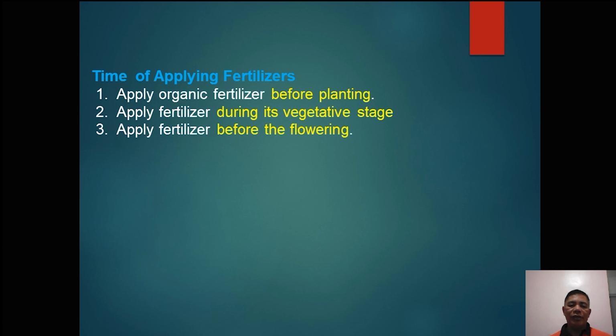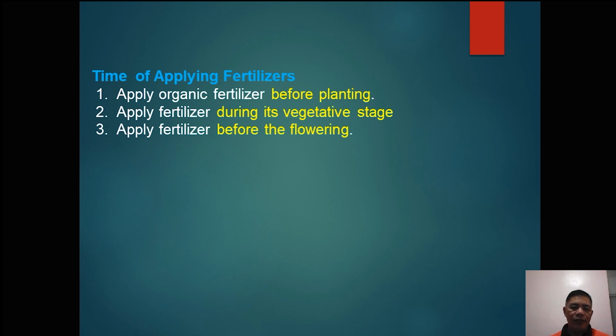But for other vegetables, we apply complete fertilizer from the seedling stage, vegetative, until the fruiting stage. For instance, tomato, eggplant, and others, except of course leafy vegetable crops.